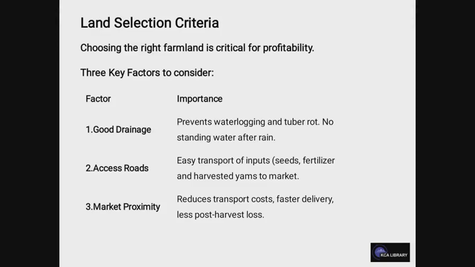It also determines the delivery rate, whether fast or slow, and a close one will reduce post-harvest loss. Why? When it is far, it increases post-harvest loss, because the time of transporting might be unconducive for the yam in terms of heat and the likes. So it is very important to take note of that.